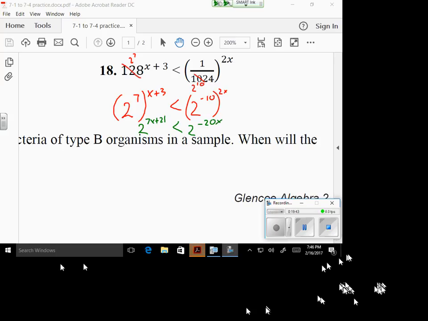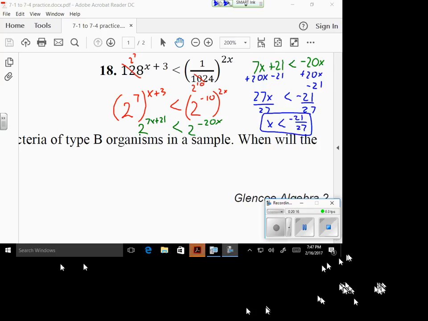Drop your bases. 7x plus 21 would be less than negative 20x. Add 20x to both sides. Negative 27x. Subtract 21 from both sides. We get negative 21. Divide by 27. 21 over 27.